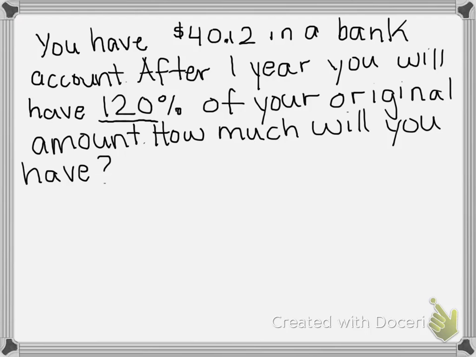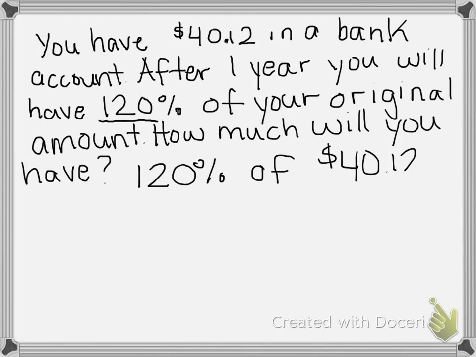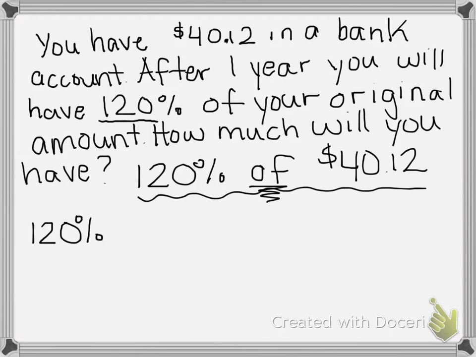So, if we are trying to figure out what is 120% of $40.12. If it helps you to rewrite what you're trying to find like this, do it. Because then you can automatically see this of, and you know of means multiply. Well, I've got 120%. I need to change it into a decimal.